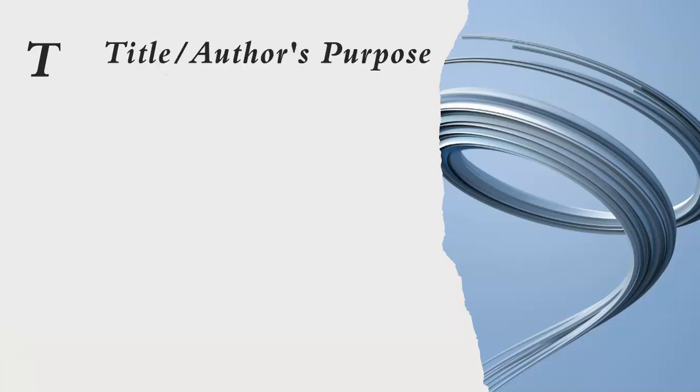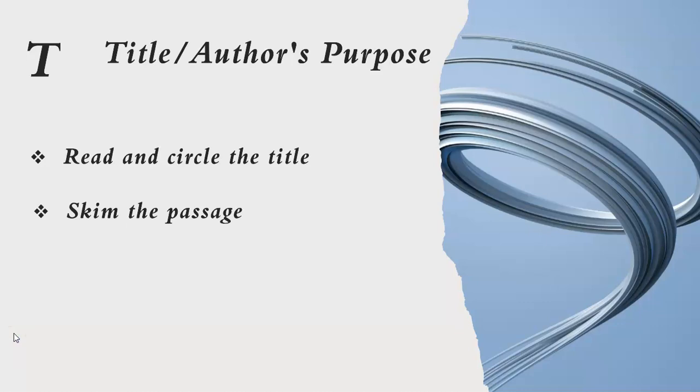We're learning about title and author's purpose within the TRAP strategy. So first, you want to read and circle the title of the passage. You want to skim the passage, which is quickly looking through the passage and checking for some information, anything that pops out to us, maybe some words that really jump out to us that we may not know, or maybe look unique.